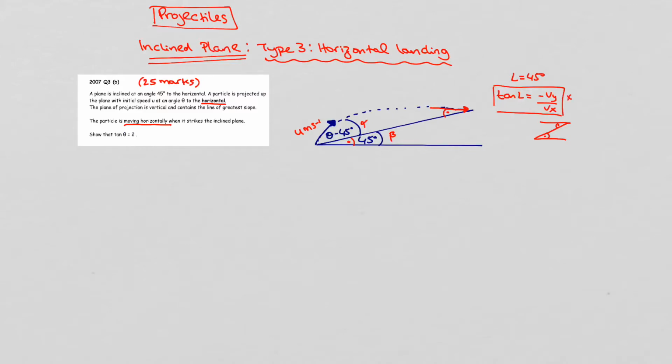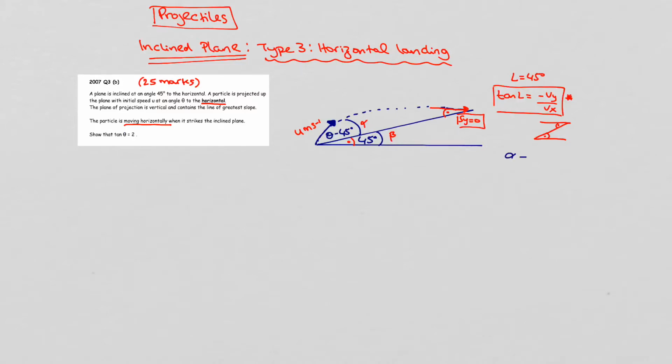We know the landing angle is 45 degrees and therefore tan of the landing angle is equal to minus Vy over Vx. Now we also know that on landing, as normal, if it's landing on the plane, Sy will also equal 0.